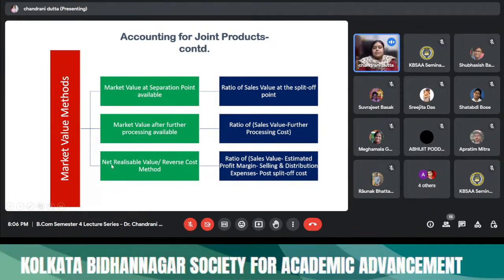So next comes the net realizable value method or reverse cost method.